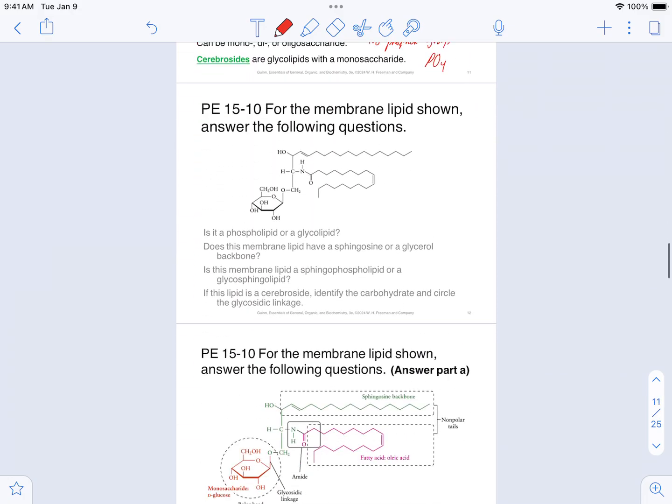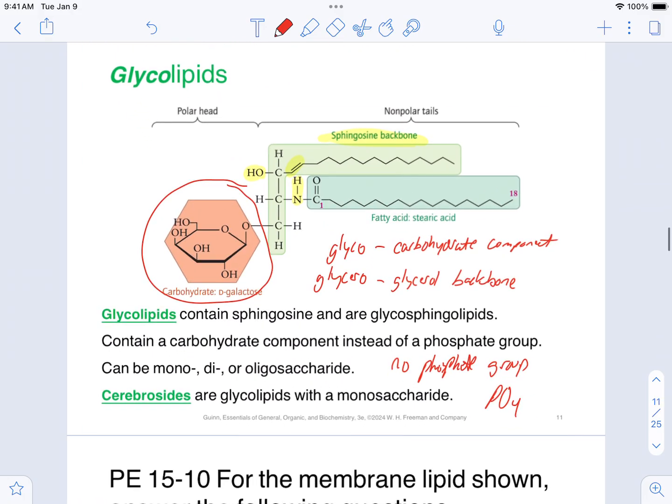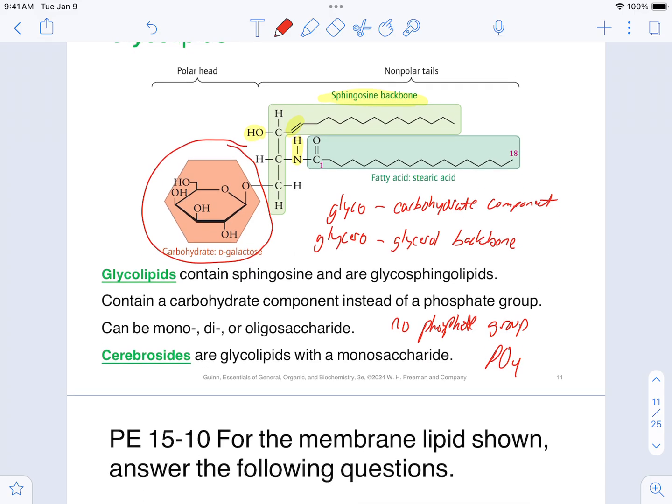You don't have that in glycolipids. If your glycolipid contains a monosaccharide, it's called a cerebroside. These are found in the cells of the central nervous system and the brain.